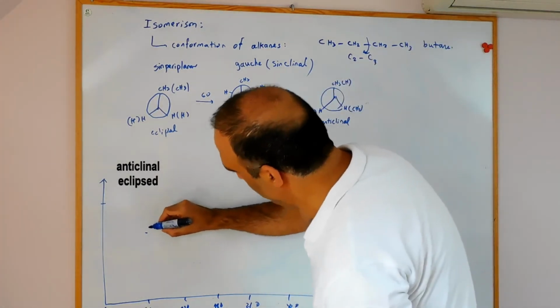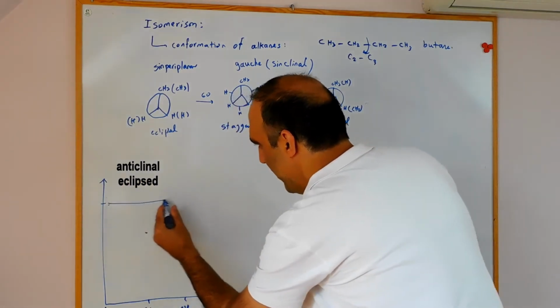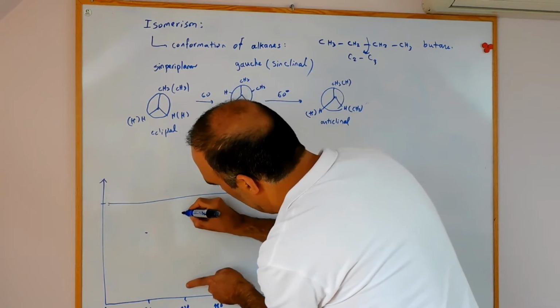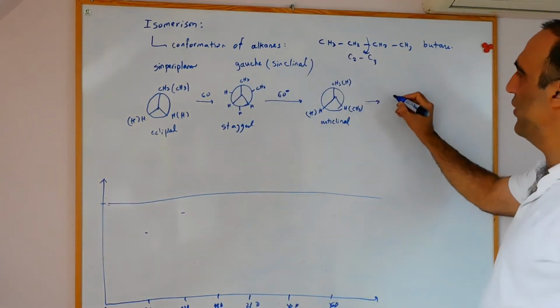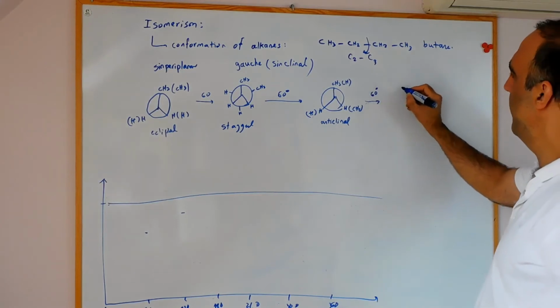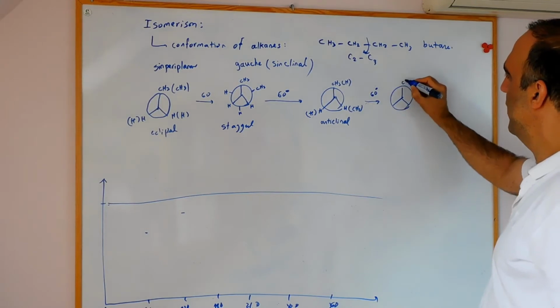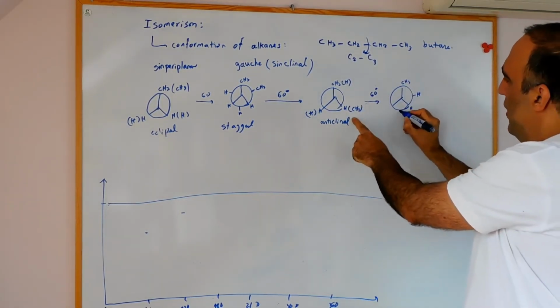And then I can choose the lesser one. If I choose this line, the highest energy, I can choose between these two, it will be like this. Again, I rotate 60 degrees. Methyl, this hydrogen comes here. This methyl comes here.